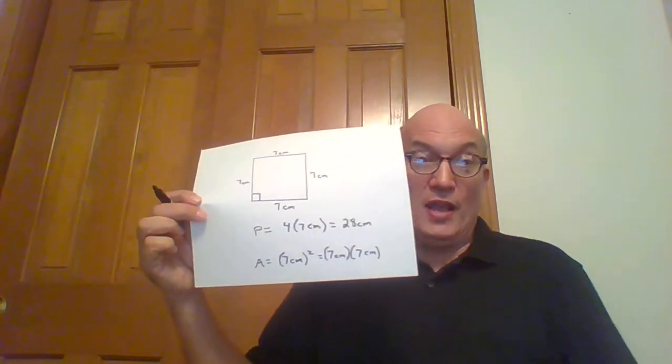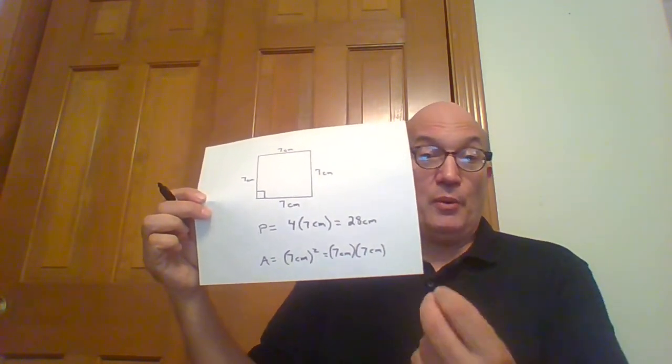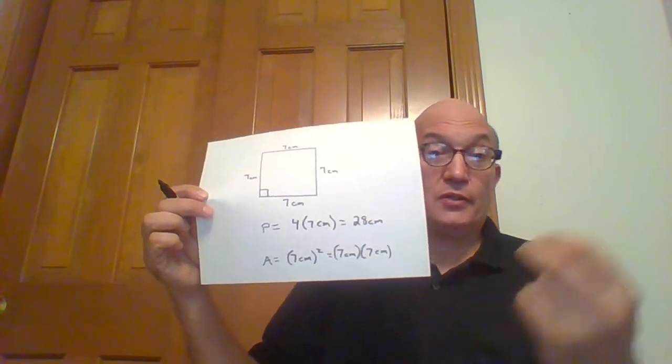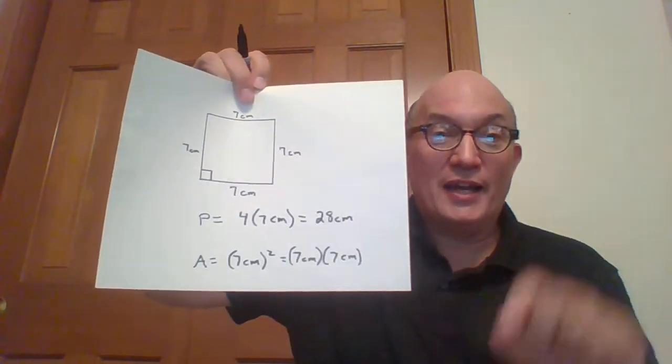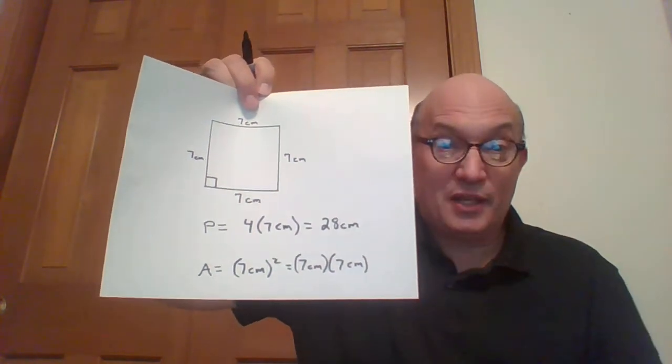Just rearrange the numbers in that way. And then we would get 49x squared. Well, here we get 49 centimeters squared, right? 7 times 7 is 49, and centimeters times centimeters is centimeters squared.